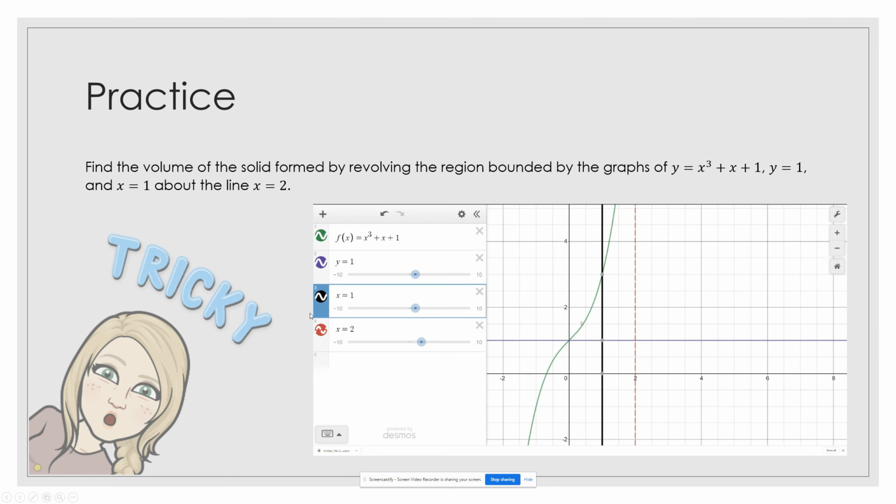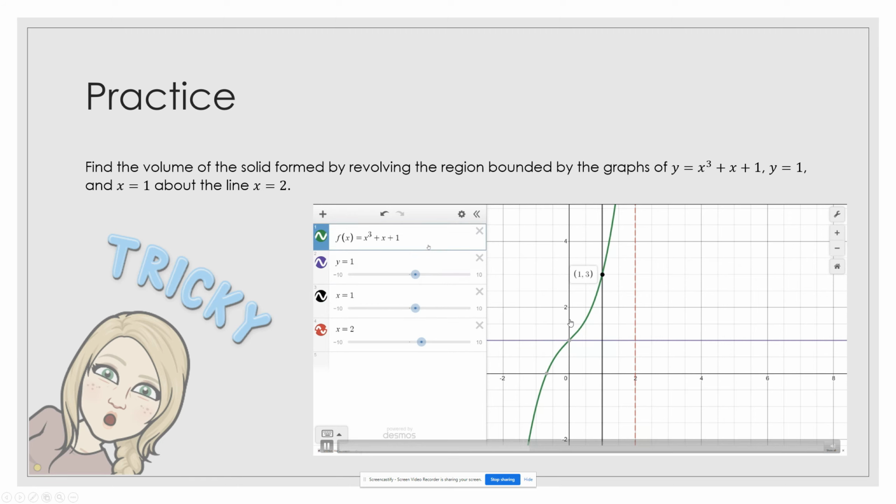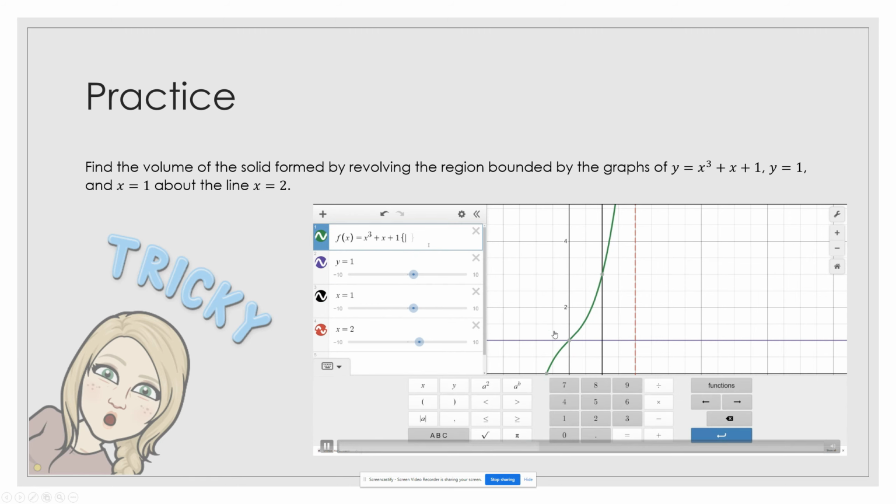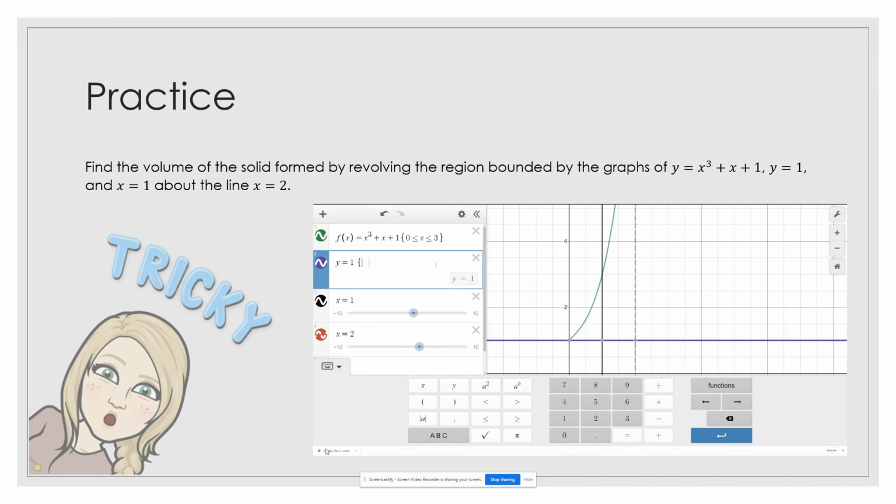Now, the other thing that you'll see is I am clicking on the points of intersection because that is where we are going to actually rotate around. Right now I'm just restricting my domain so that I can see that actual region and just that region.